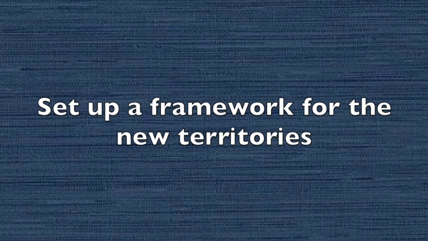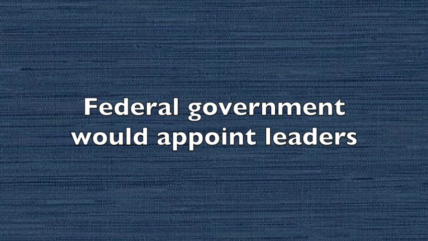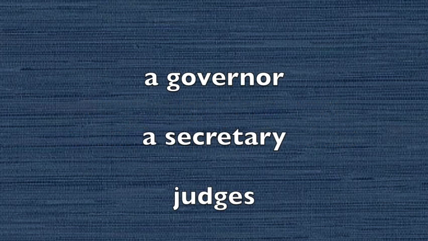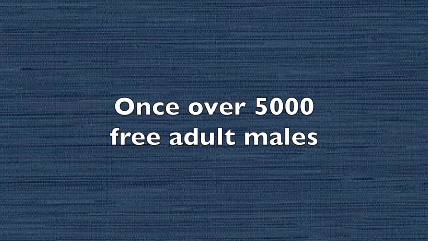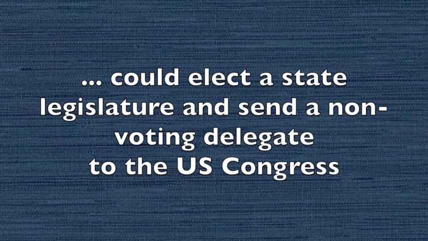The ordinance set up a framework where territories would govern in stages. Initially, the federal government would appoint leaders, a governor, secretary, and judges. But once the population of free adult men reached 5,000, they could elect a local legislature and send a non-voting delegate to the U.S. Congress.